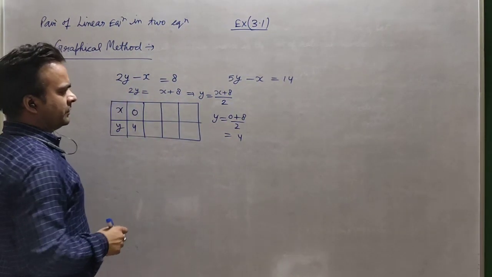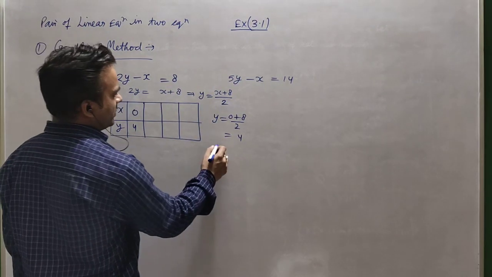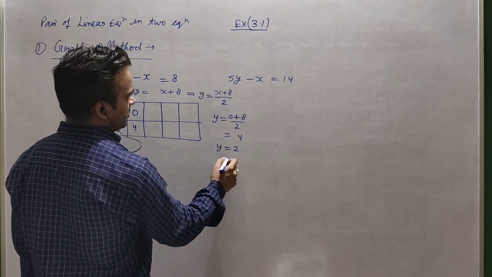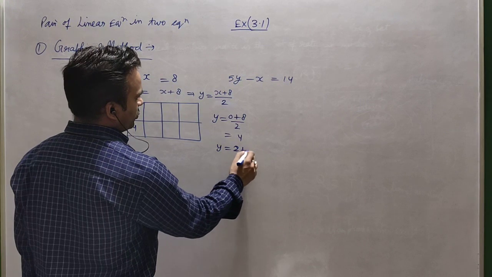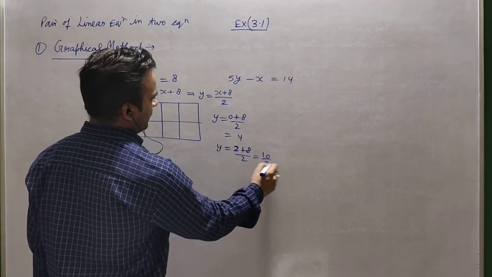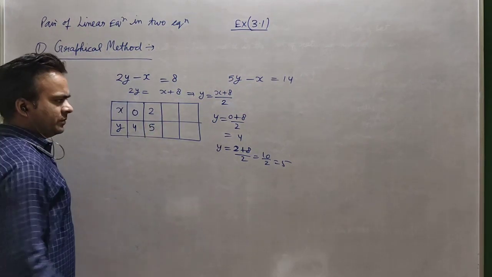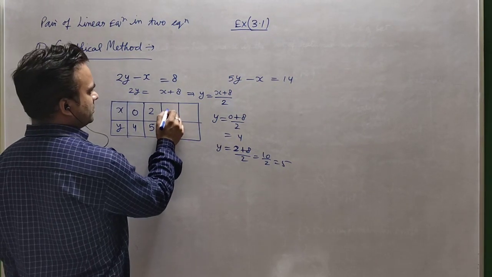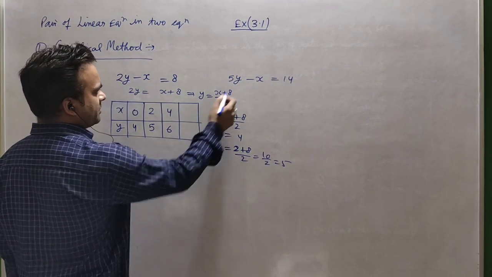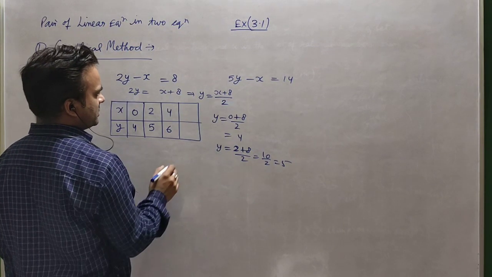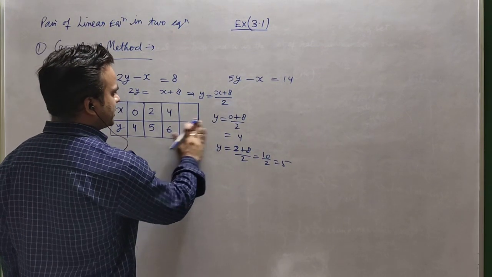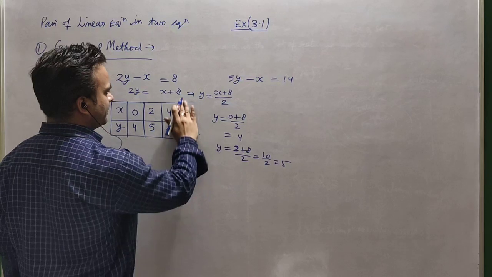Put 4 here. Suppose I put x as 2, so I will get 5. If x is 4, I am getting 6, because 8 plus 4 is 12, upon 2, 6. Three points are sufficient to find a line.